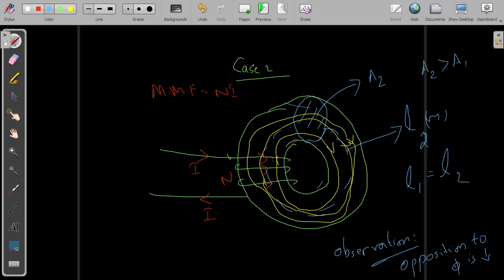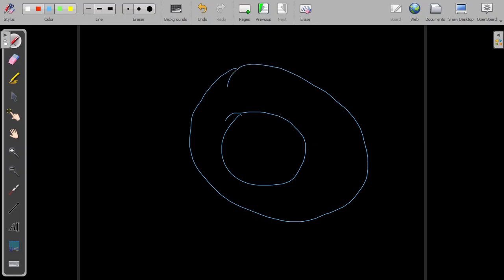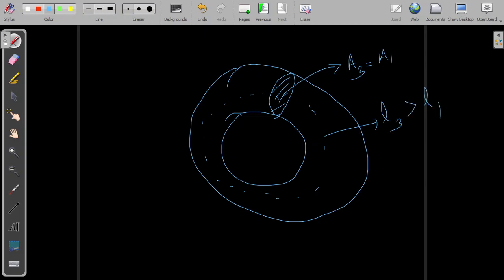Now I'm considering another case in which the same toroid, of the same cross sectional area, A3, that is equal to A1. But the length of this toroid is L3, and L3 is greater than L1.